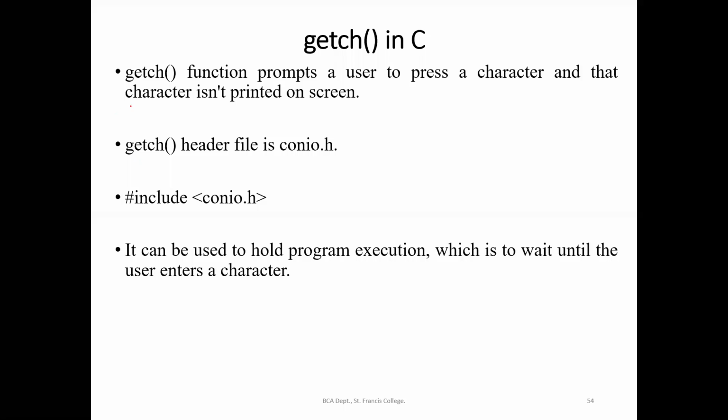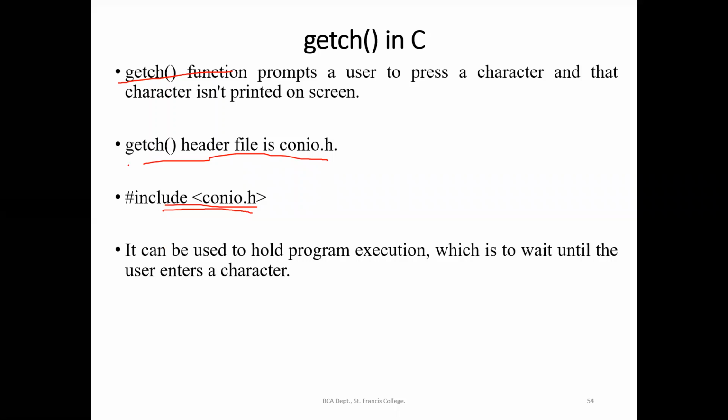In order to use the getch function, we have to use the header file conio.h. So #include conio.h. Even if you are not including it, it is working now, but still these are the default things we would be using. Even if you are saving the program as CPP, you will have to use it. Got it?